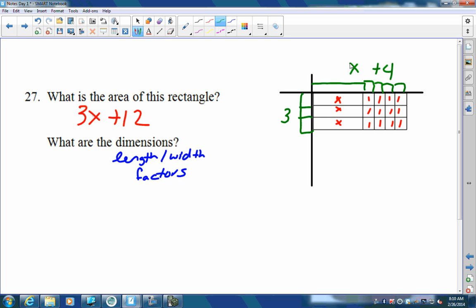I can draw my picture, or when it's asking you for the dimensions, what is your GCF out of these two terms? A 3. When I divide a 3 out of here, I'm left with an x. 12 divided by 3 is 4, which is the same as what I have in the picture. That's what my dimensions are.